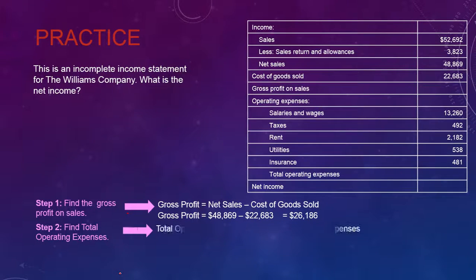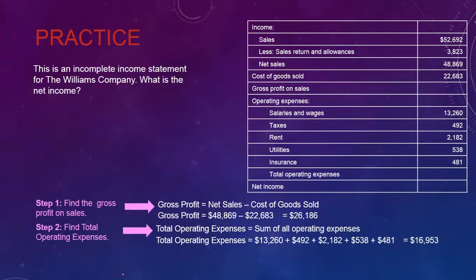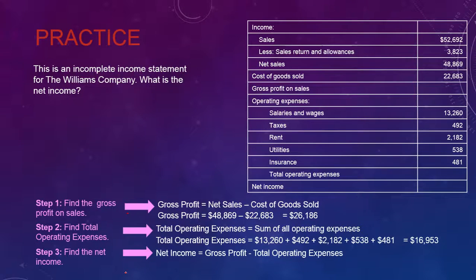So let's add all the different expenses together. When we do that, we get $16,953. Last step, find the net income. So we're subtracting step 2 from step 1, giving us a final answer of $9,233. That means the net income is that amount.